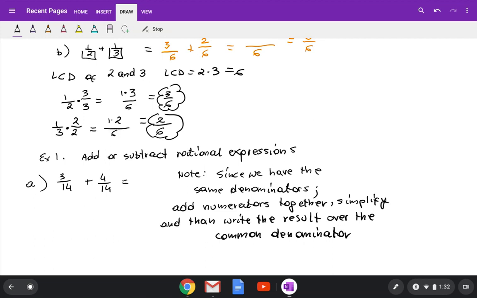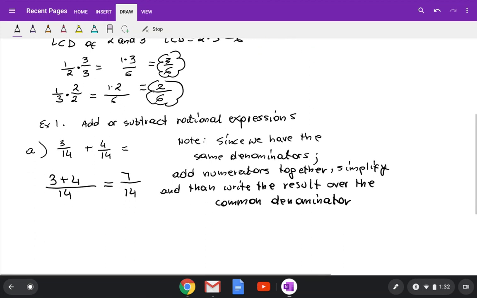So we add numerators together, 3 plus 4, and rewrite that over the common denominator, which is 14. So we have 3 plus 4, which is 7 over 14. And last step, simplify.